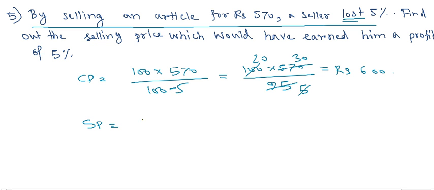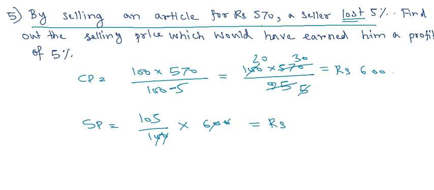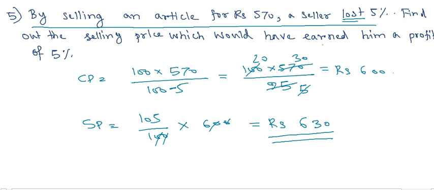So this cancels out, and we have rupees 630. So he should have sold this article at rupees 630 in order to make a profit of 5%.